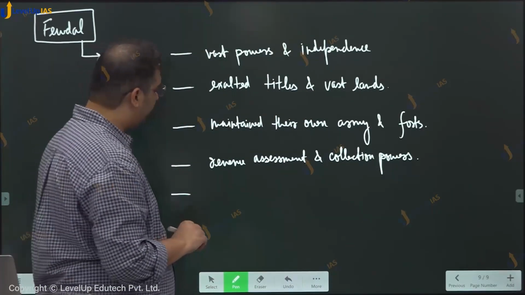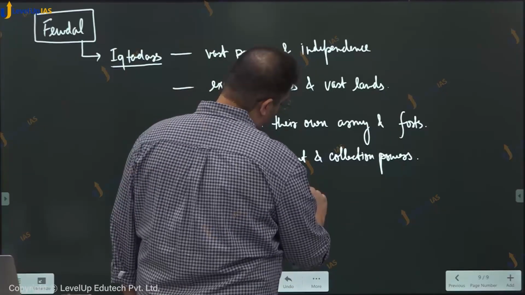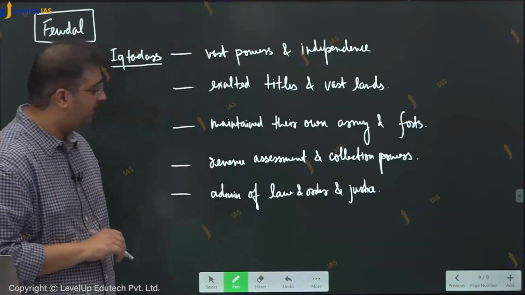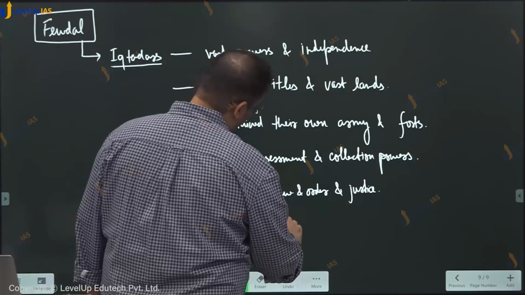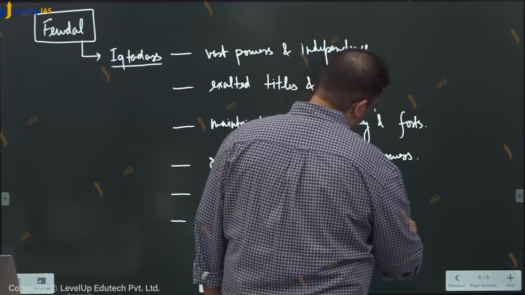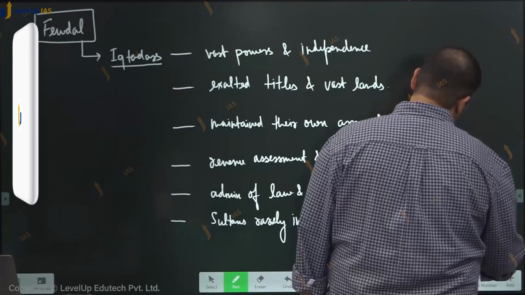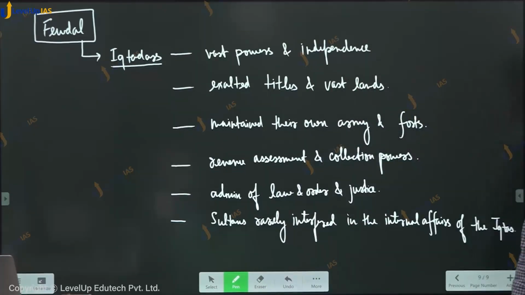They enjoyed other sovereign powers such as administration of law and order and justice, that the sultans rarely interfered in the internal affairs of the Iqtas. ठीक है, ना लिख लिया.